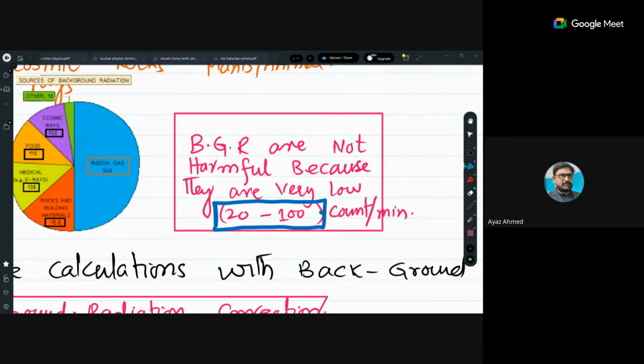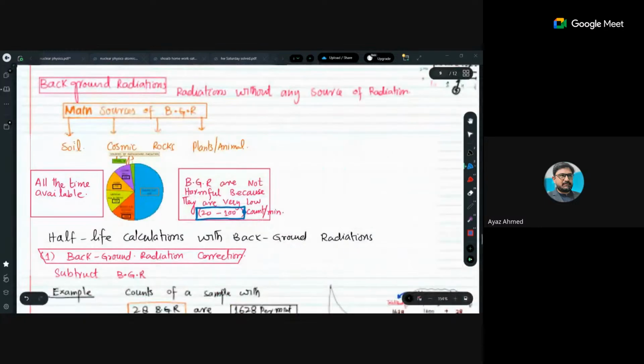And that noise cannot be more than my voice. So I am the source of noise, not the background noise. Background noise has very low values. That is why it is not harmful. In the same way, background radiations are not harmful for the people living over here. Okay, now tell me, what is your question?